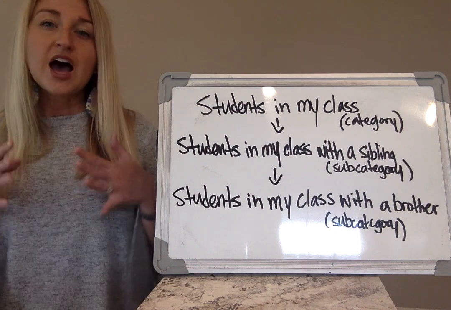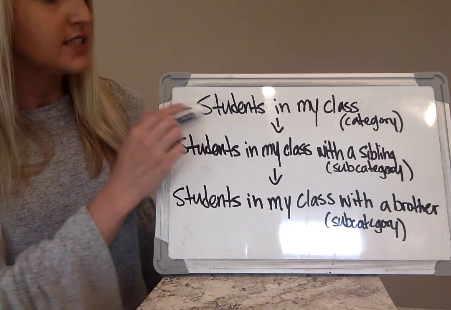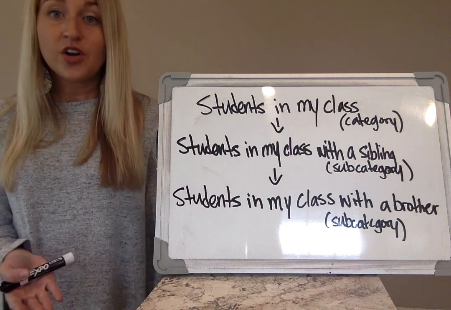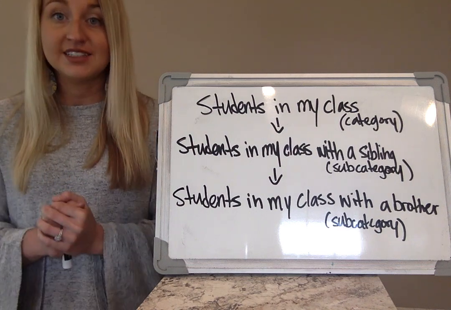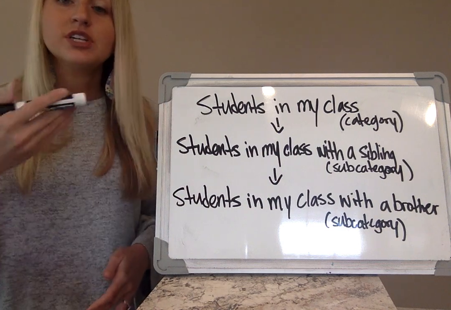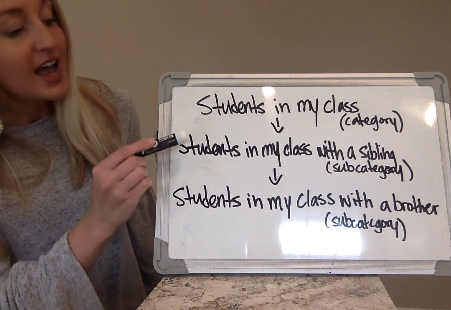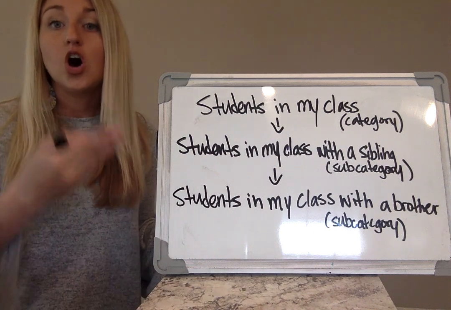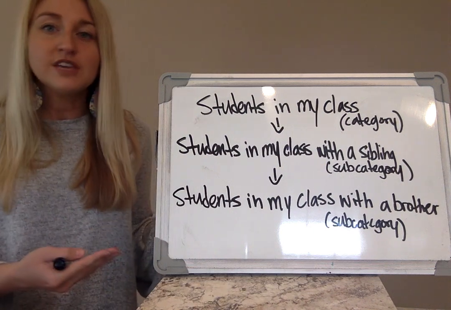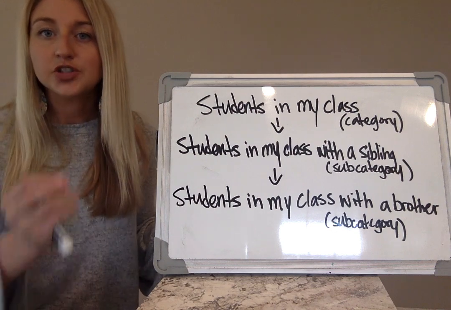For this one, I'm starting with students in my class. The hierarchy that I chose to create, the category, is students in my class. Every single time I add a subcategory under my hierarchy, I'm going to give it one more attribute.